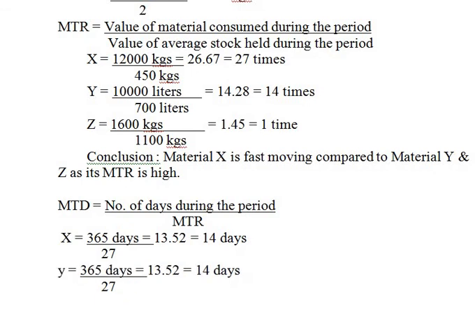Okay. So for Y, 365 days divided by how much it is? 14 times, divided by 14. So that is 26 days. Okay, hope everybody is understanding. Now next we will have to calculate it for Z also.